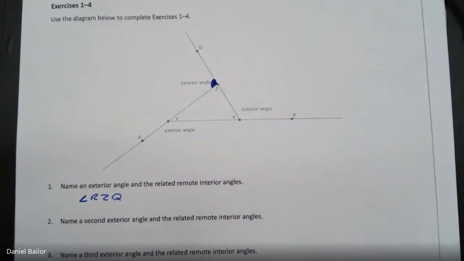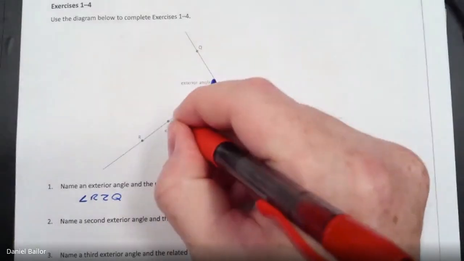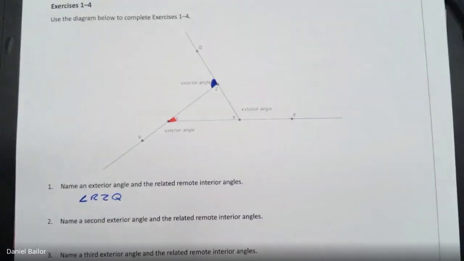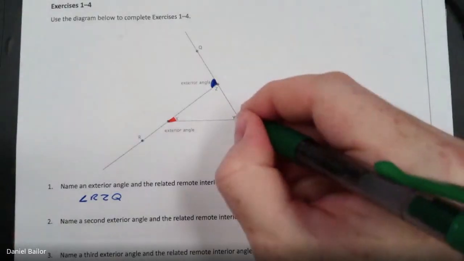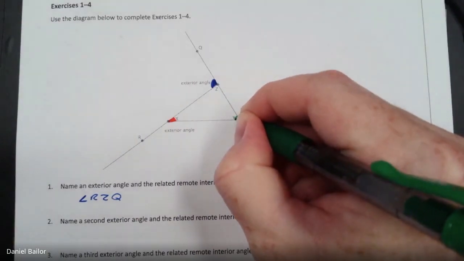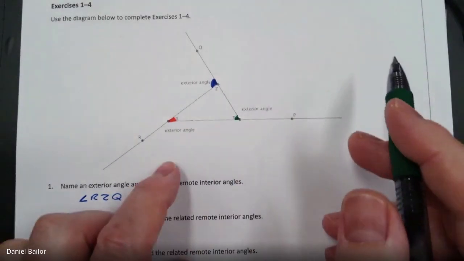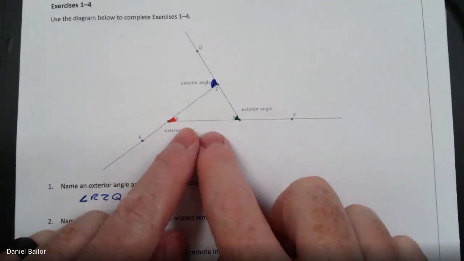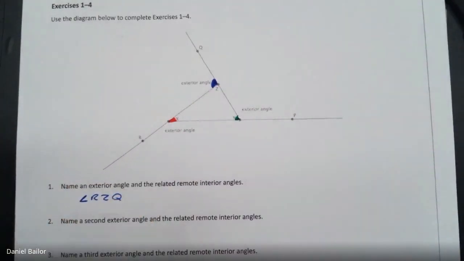And just like we saw yesterday, if I want to find the blue, I can just take this red and this green over here. Because remember, I just showed you on yesterday's work that red and green together make the blue.